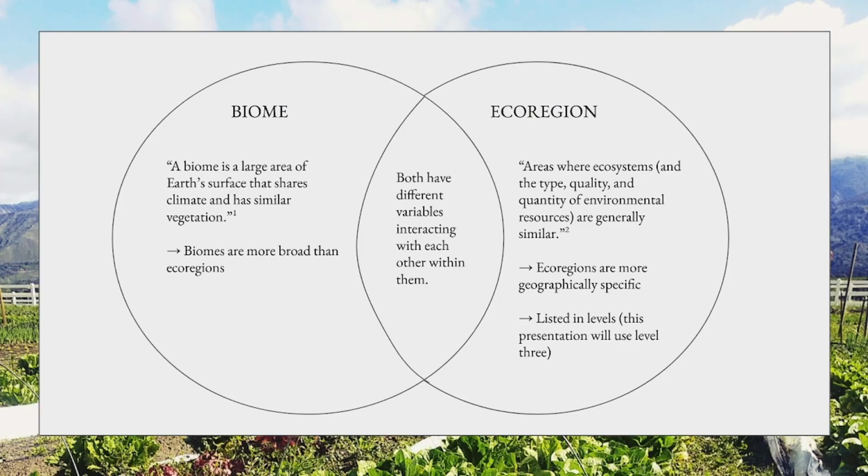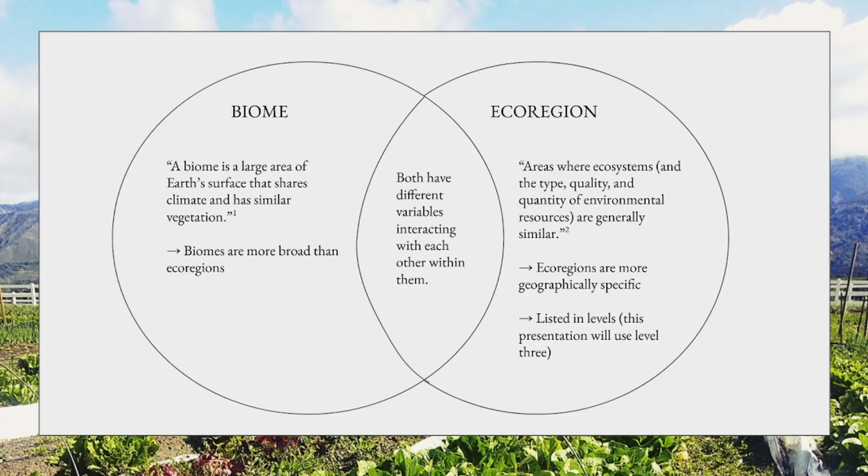So to start, I want to discuss biomes and ecoregions. Both have different variables interacting with each other within them, and both of them are extremely tied to the environment and things that are shared between them and within them.